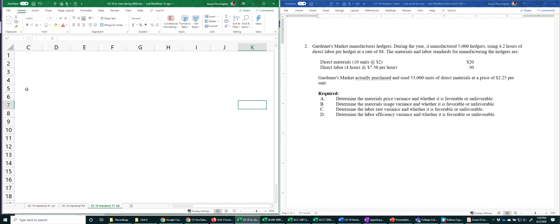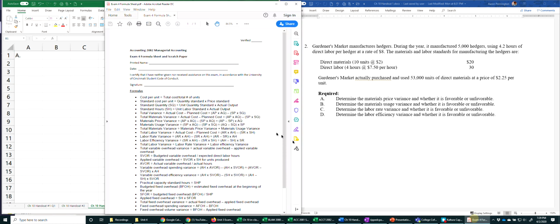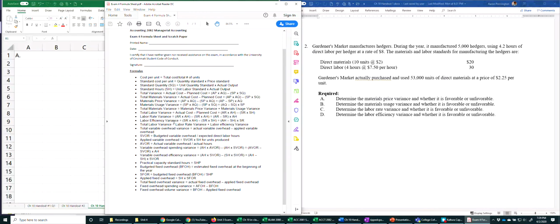Alright, so we'll do that. Let's see. Formula sheet. Alright, materials price variance. And let's go with actual price minus standard price times actual quantity.